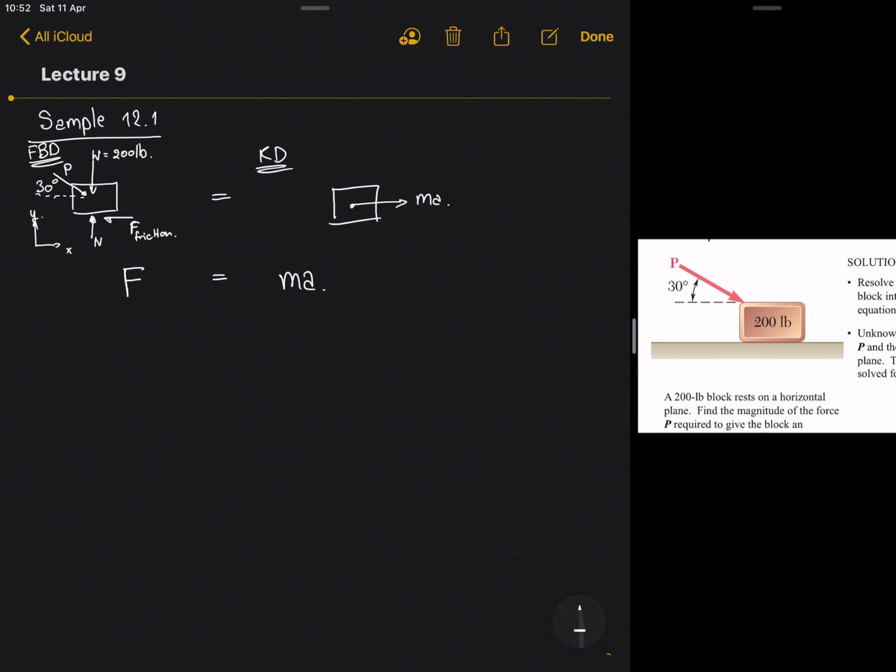We have to change the weight to the mass. So what is the formula for that? So mass equals weight over gravitational acceleration, and then we have 200 pounds over 32.2 feet per second squared, and then we will have 6.21 pound per second squared per foot.